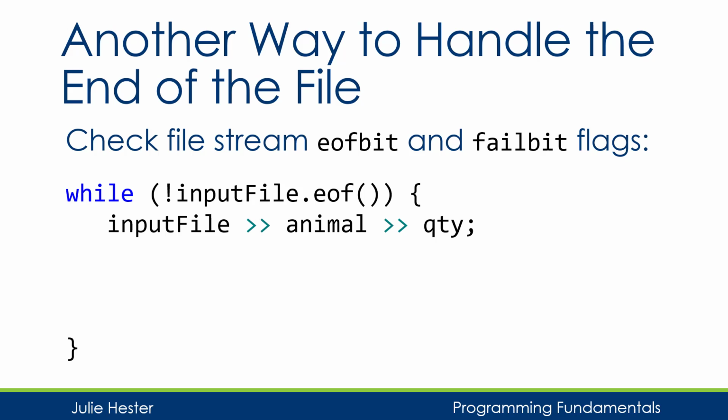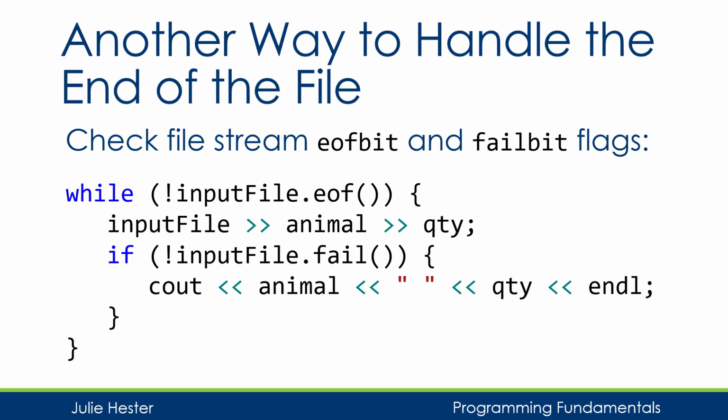But it is possible that I was almost at the end of the file, but I had not set the eofbit flag, and it's possible that inputFile was not able to read another record. So after I read animal and quantity, I'm going to verify that that did succeed by calling the fail function.